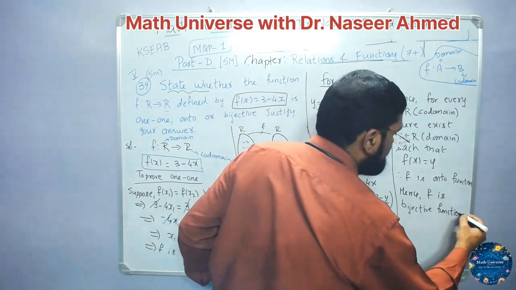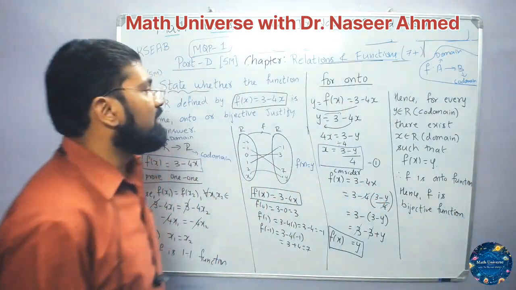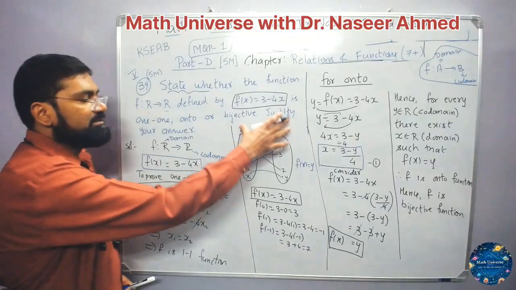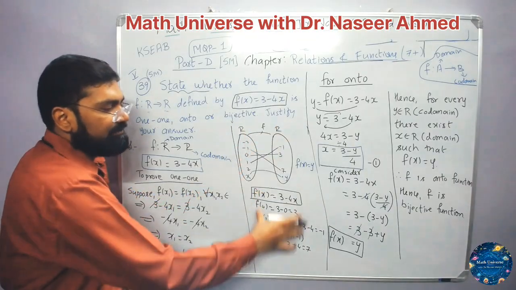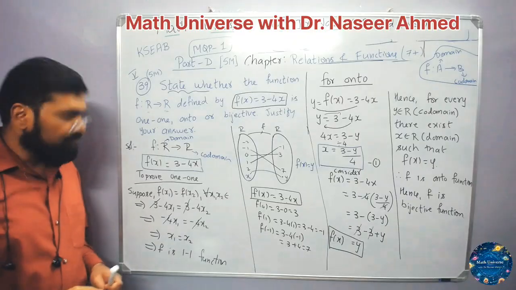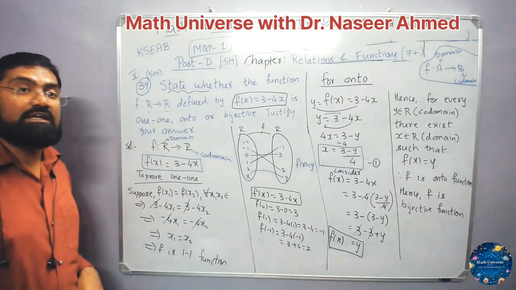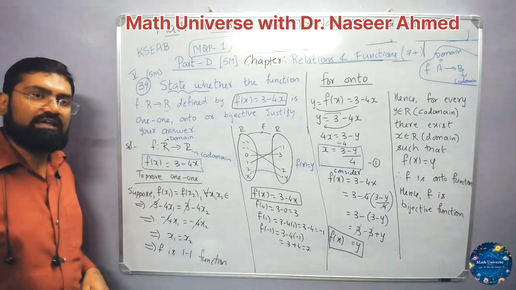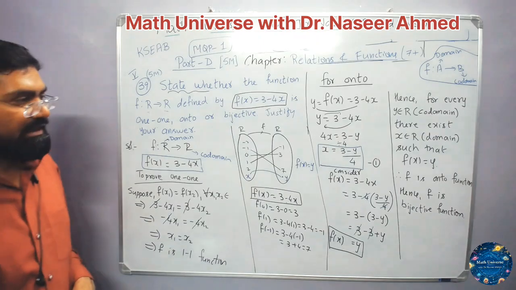So with this we have completed this 5 marker. Only this part you can exempt in exam, but I think this gave a clarity, because they said state whether, they didn't say prove that, so we have to check first. Okay, fine. Make a note of this.